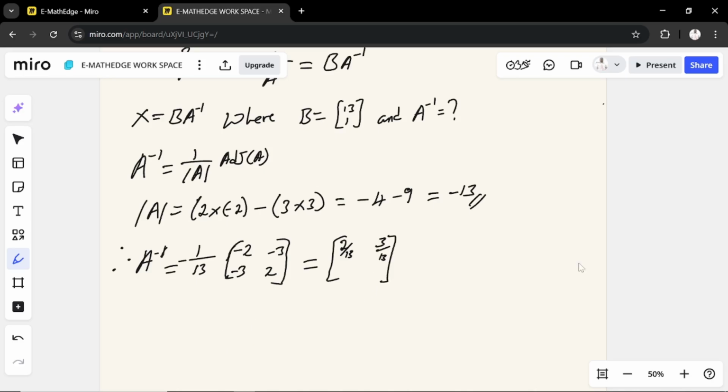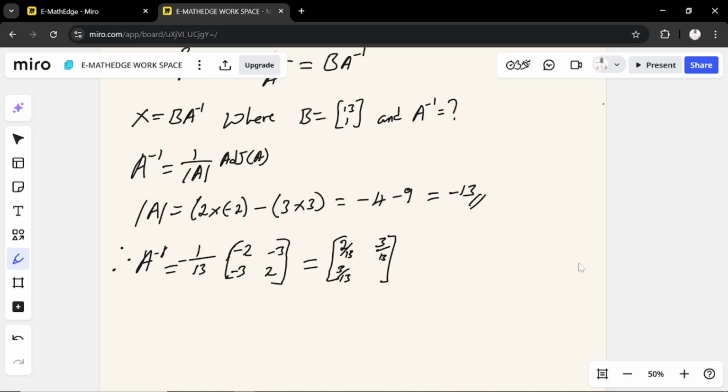Now for the element in the second row, first column, we multiply negative 1 all over 13 by negative 3. Negative times negative, we are going to have a positive number. 1 times 3 is going to be 3, all over 13 multiplied by 1 is going to be 13. So we are going to have the element to be 3 all over 13.